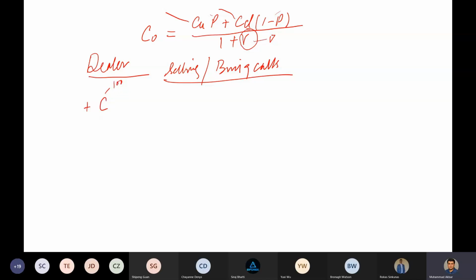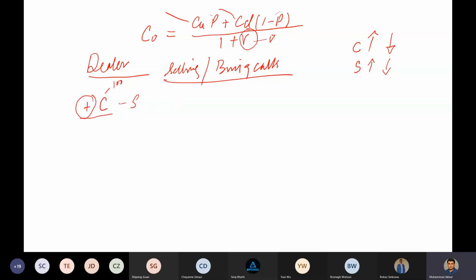We said that the prices of call and stock are positively related. So if the stock price goes up, the call price goes up. If the stock price goes down, the call price goes down. So they are positively related. So if you have a long position in the call, you need to have a short position in the stock to hedge your portfolio.